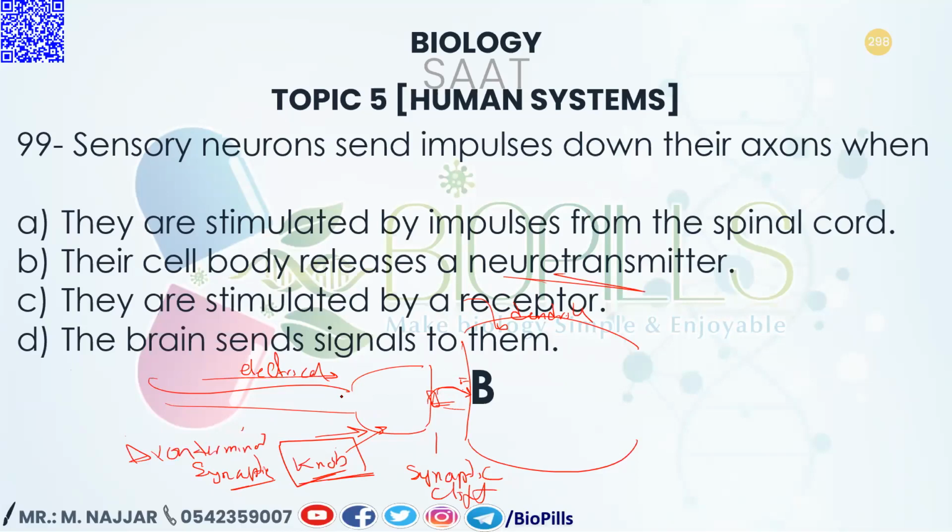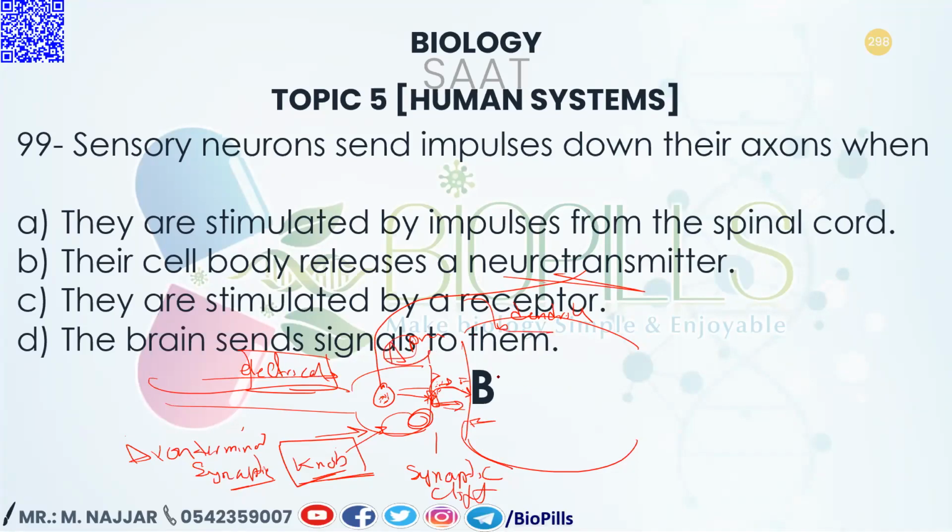Why? Because when the electrical impulse comes to the axon terminal, it stimulates the neurotransmitter inside vesicles to migrate to the membrane, the presynaptic membrane. This is post. They will burst, and the neurotransmitter will diffuse from a region of high concentration at the axon terminal down the concentration gradient to the postsynaptic membrane, the receptors on the surface of the dendrites of the second neuron.